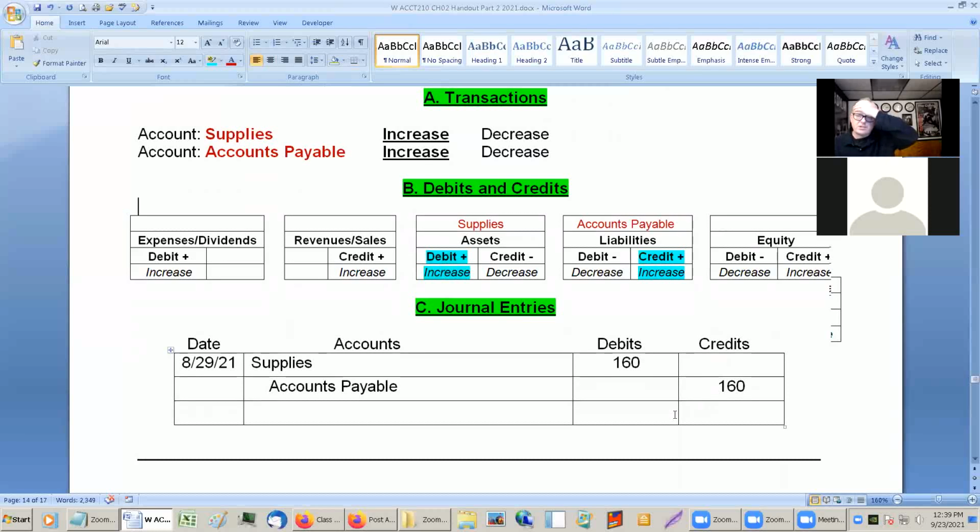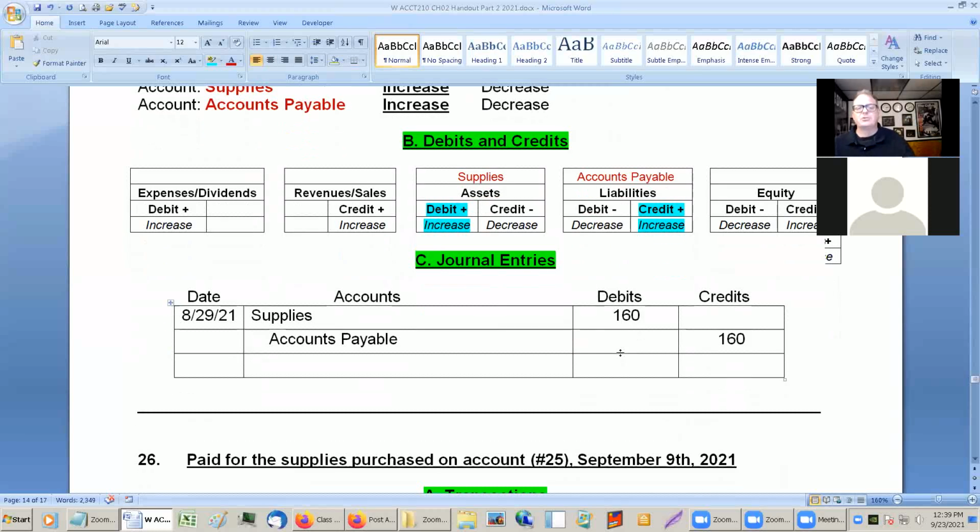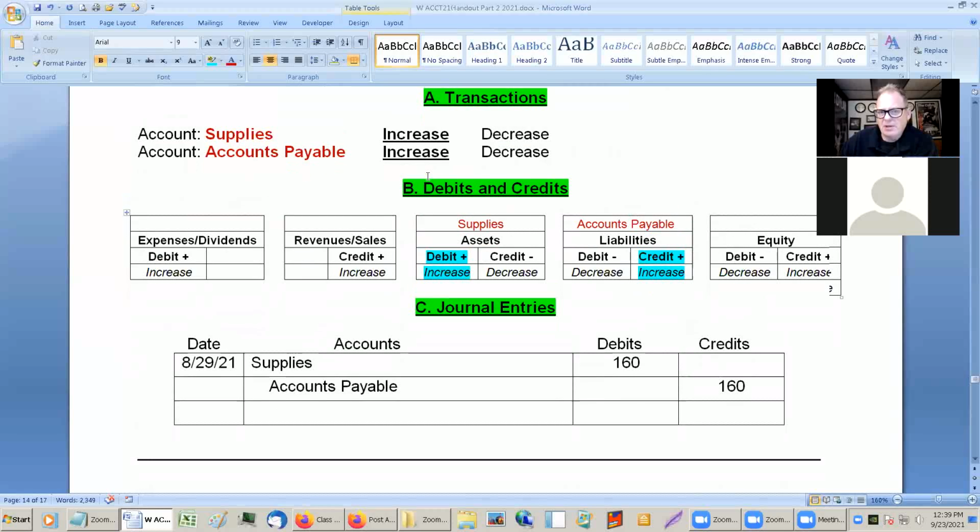Yep. So the supplies are increasing with the debit. They're both increasing, but accounts payable is increasing also, but because it's a liability, it's going to increase with a credit. So again, you guys have picked this up.